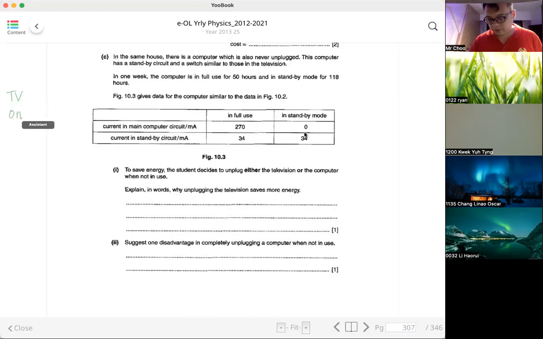TV is on 30 hours, standby 138 hours. And for the TV, this is 450 and 34, and this is 34. So everything in green is for the TV. Actually, don't need the data. Just explain will do. There's no need to calculate anything now.